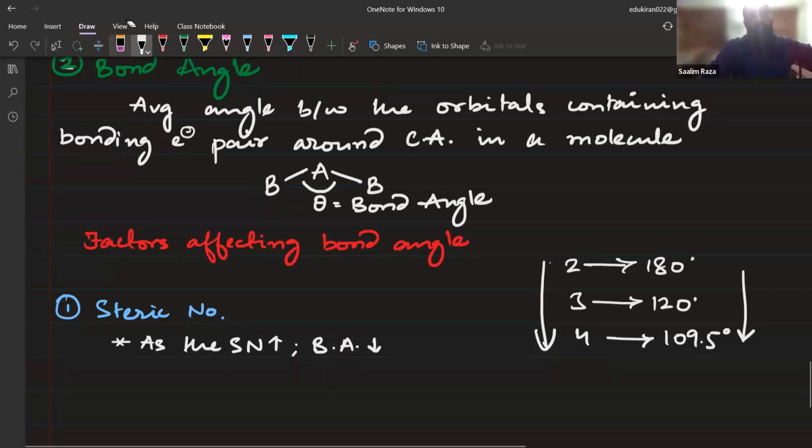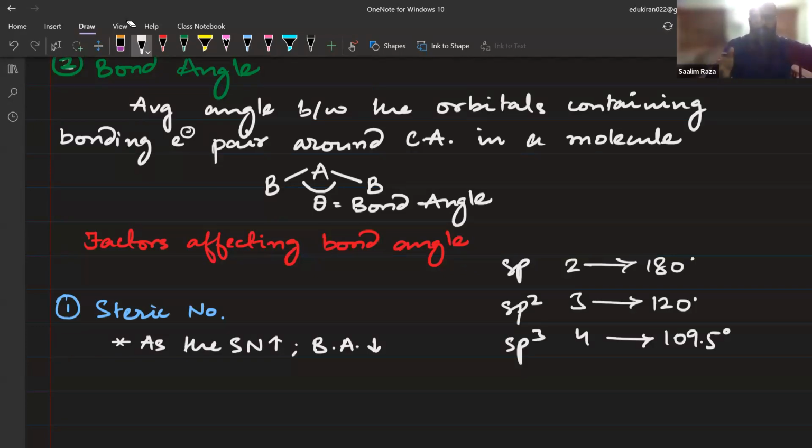Now there is something that I want to teach you guys. Listen carefully before writing. Don't write anything. When we have steric number 2, my hybridization is sp. When we have steric number 3, it is sp2. When we have steric number 4, it is sp3. I am erasing these parts here.